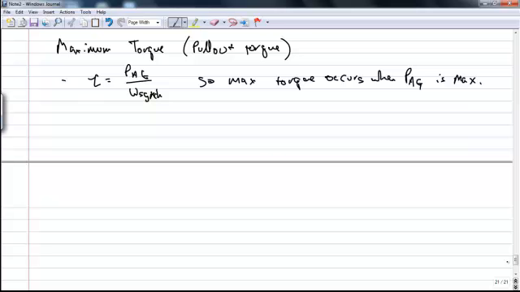Now remember that the air gap power is equal to the power consumed in the resistor R2 over S. So when the power consumed in that resistor is a maximum, that's when the air gap power is a maximum.